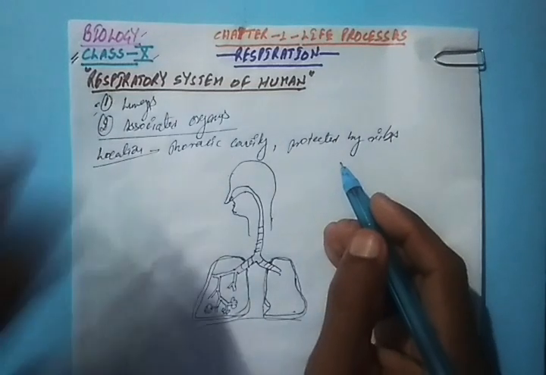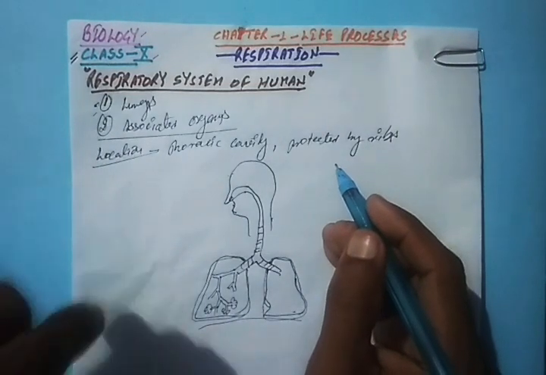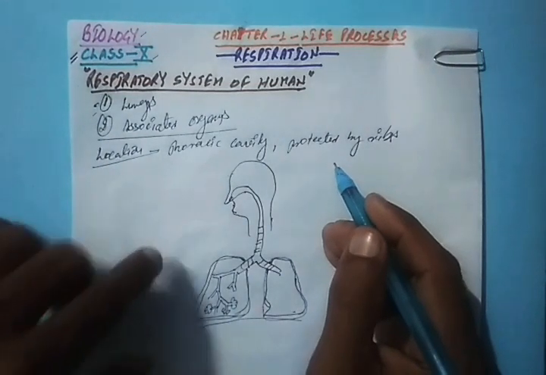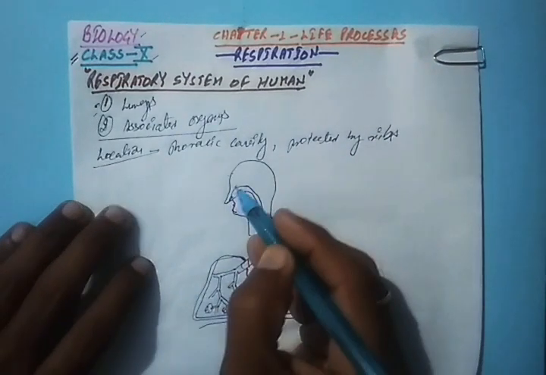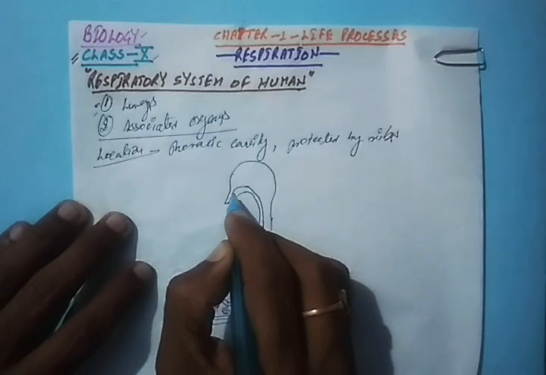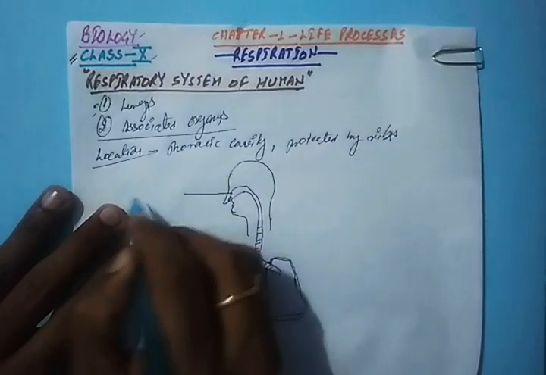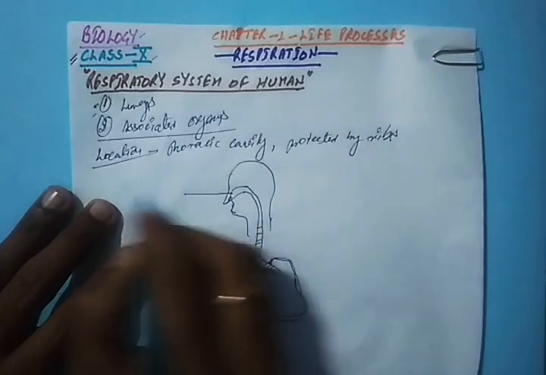Let us start the structure, or different parts, of the respiratory system of humans with the help of this simple diagram. The respiratory system starts with your external nose, meaning the nostril.